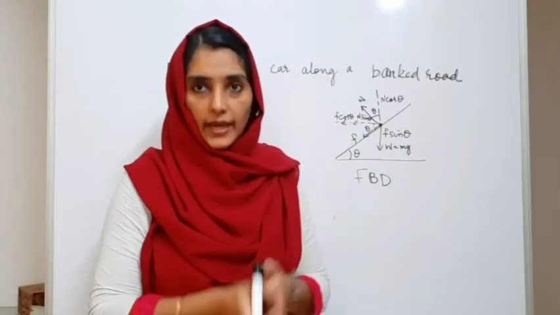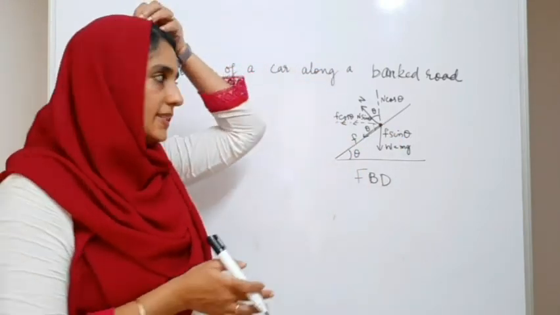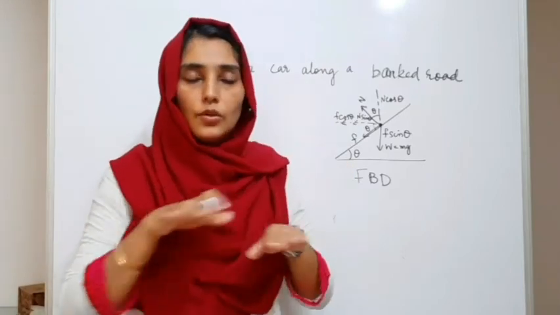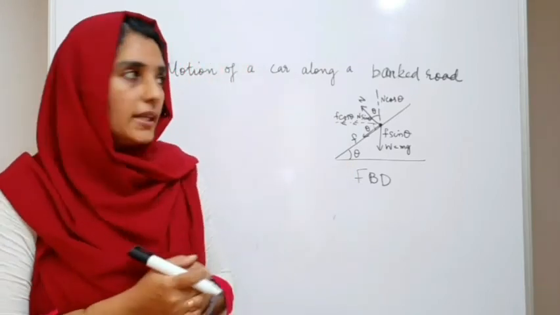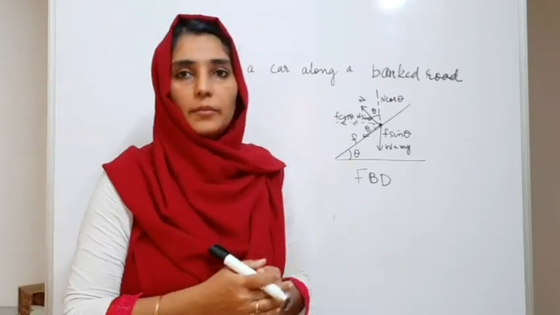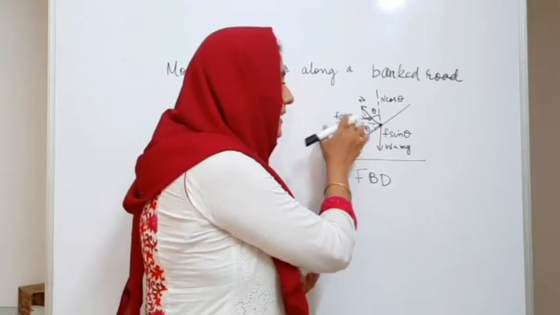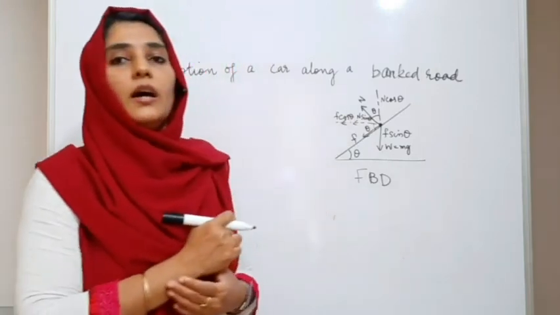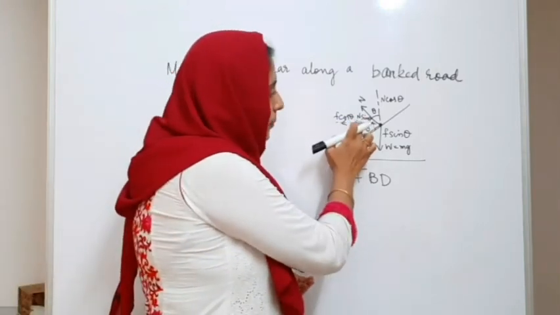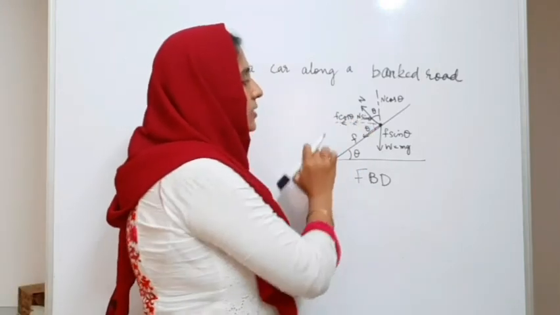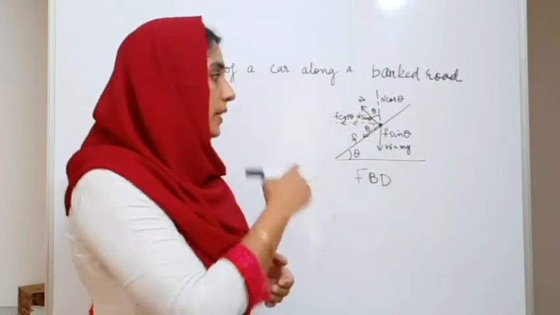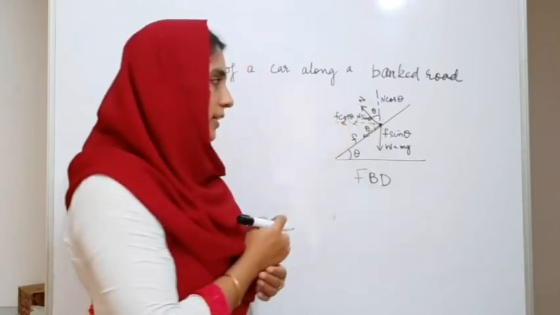Now, when you analyze this diagram, you can easily see that as there is no acceleration along the vertical direction, we are only concerned about the acceleration along the horizontal direction. There is an additional support of the normal force component along the horizontal direction.